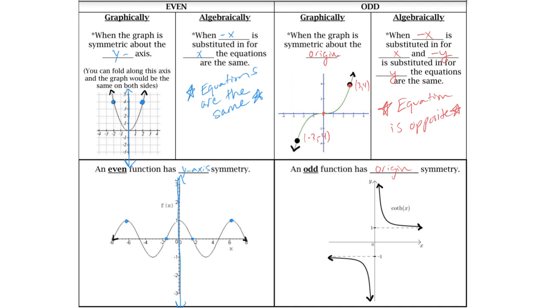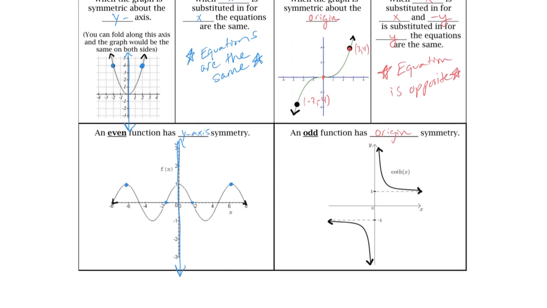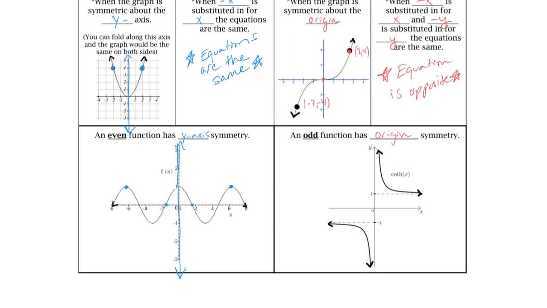Now, the last one that we talked about before was x-axis symmetry. If a graph has x-axis symmetry, it is not a function because it does not pass the vertical line test. I'm going to move this up.